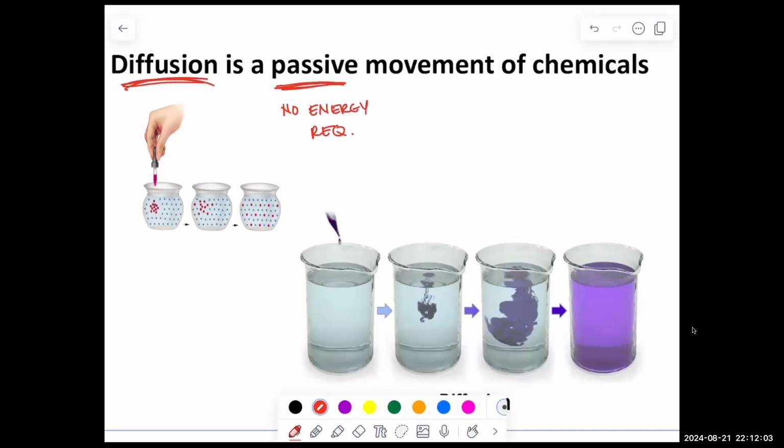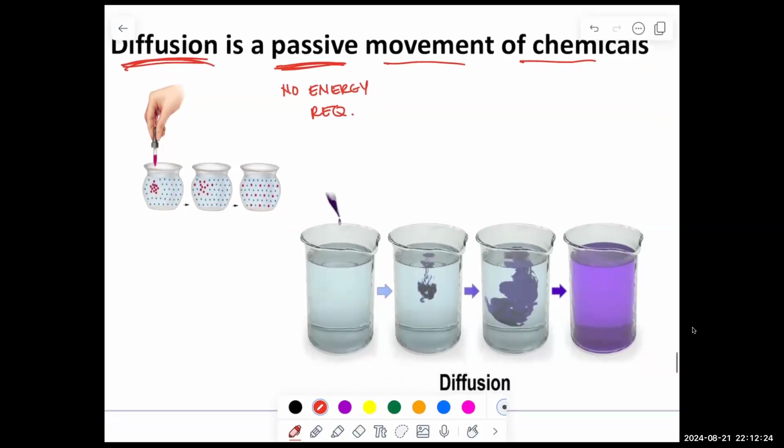It just happens because of the properties of the molecules, of the atoms. So it's passive movement of molecules. What's crazy to me is people used to study dropping dyes into water like this, and that was their PhDs back in the day. But people didn't know how this worked back then.